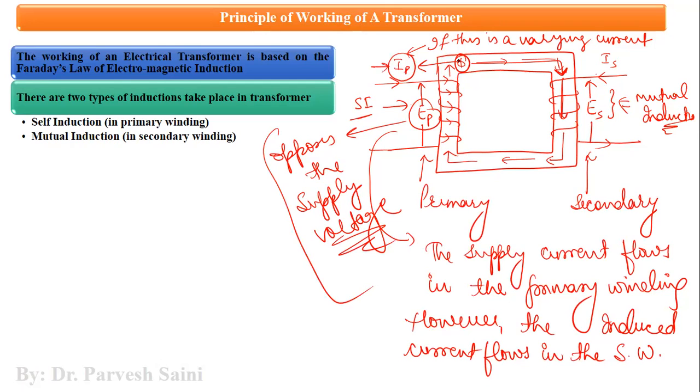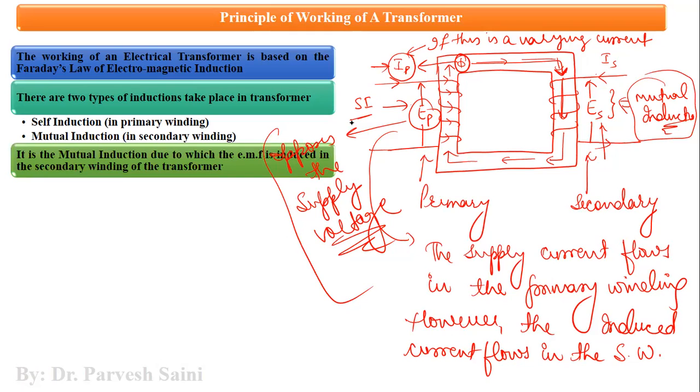And when this flux, which is because of the primary current, reaches the secondary winding and links with the secondary winding, it induces an EMF which we call the secondary EMF, and this EMF is induced because of the principle of mutual induction. So in short, it is the mutual induction due to which the EMF is induced in the secondary winding.